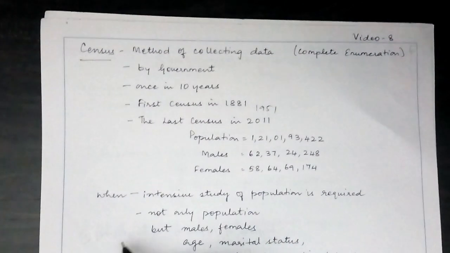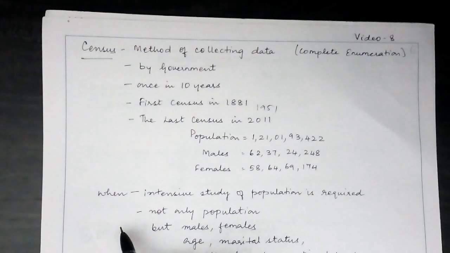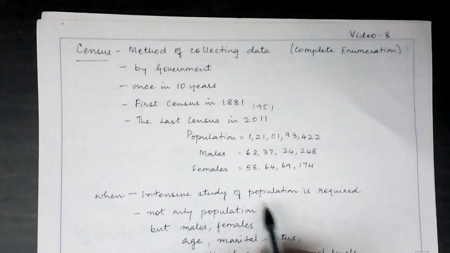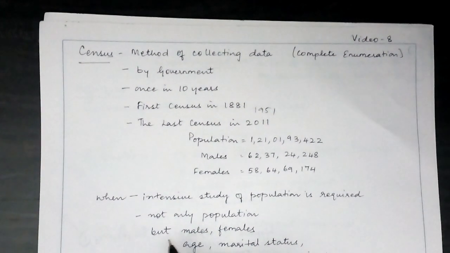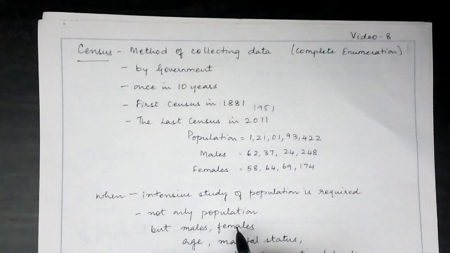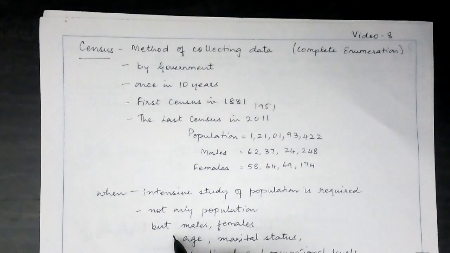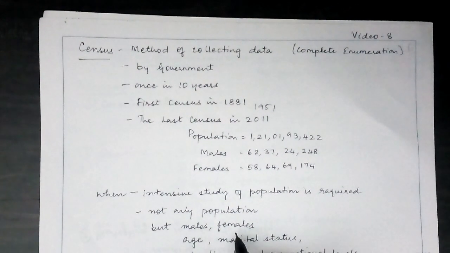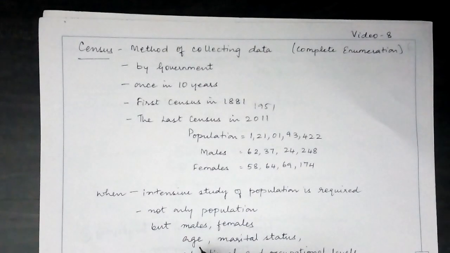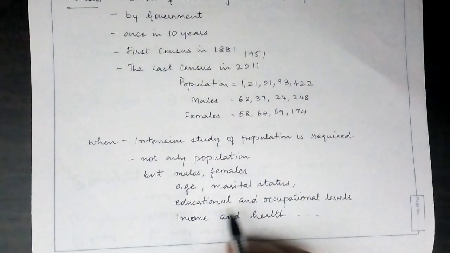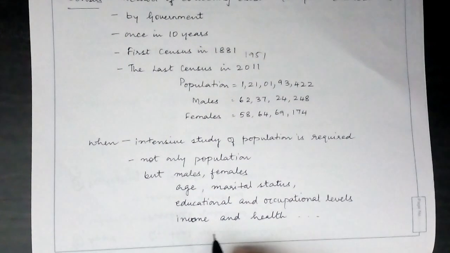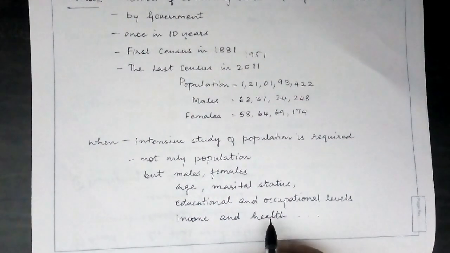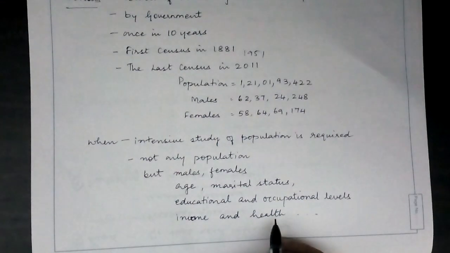When is the census conducted? Where an intensive study of population is required. It not only records population but also the number of males, females, their age and the marital status, whether they are married or not, their educational and occupational levels, income, health conditions and more.